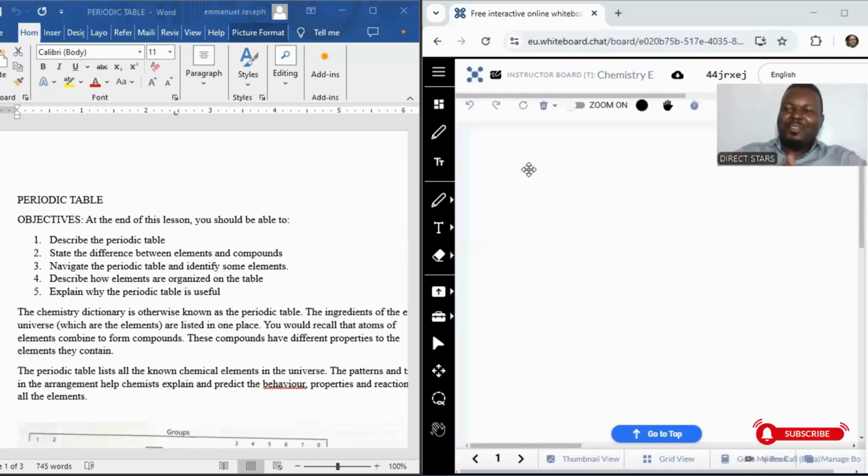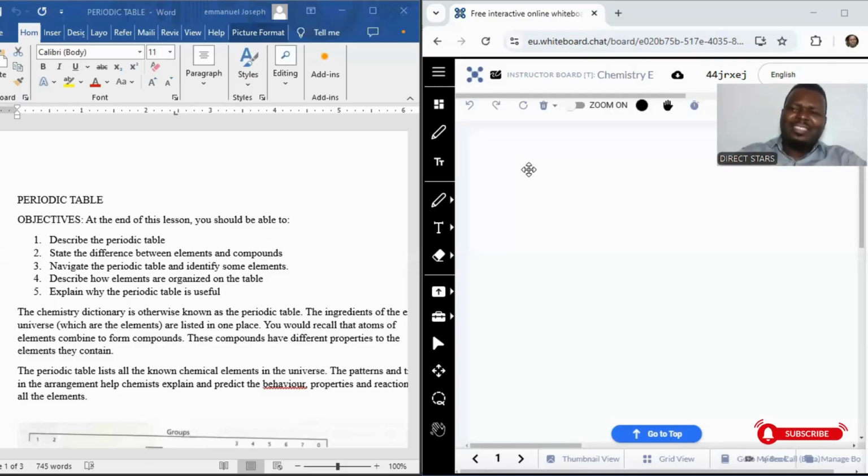The dictionary for chemistry is regarded as the periodic table, okay, because it has all the ingredients that make up the universe represented in a table, okay? And they are listed in a particular pattern, which we're going to be observing today.